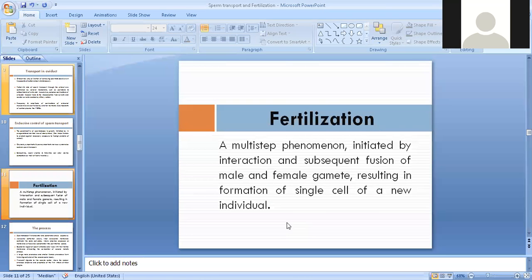Fertilization is a multi-step phenomenon which is initiated by interaction and subsequent fusion of the male and female gametes, which are the sperm and the ovum, and results in the formation of a zygote, which is actually the single cell form of a new individual. From this single cell, a complete new individual, a new embryo, or later on what is called a fetus, will be produced.